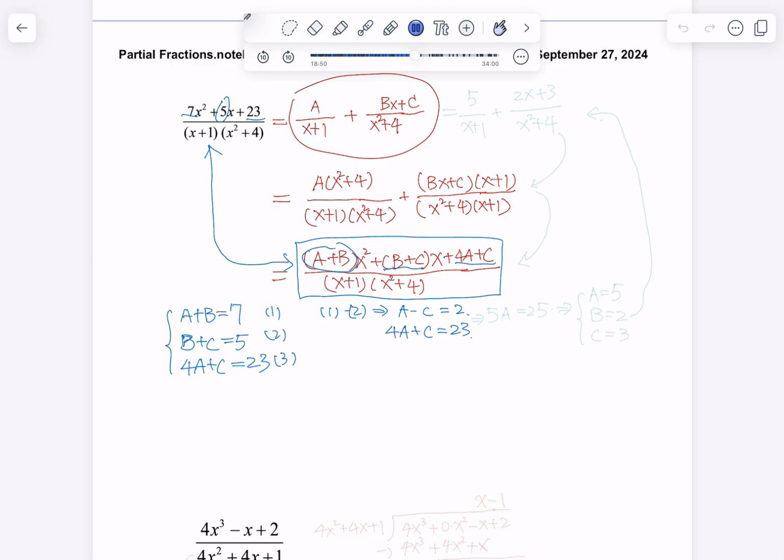Now you add these two together, you will have 5a equals 25. That immediately gives you a equals 5. Then c equals 3, and b equals 2. This way we get a, b, and c.